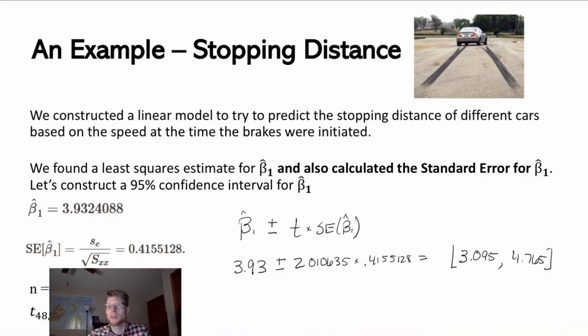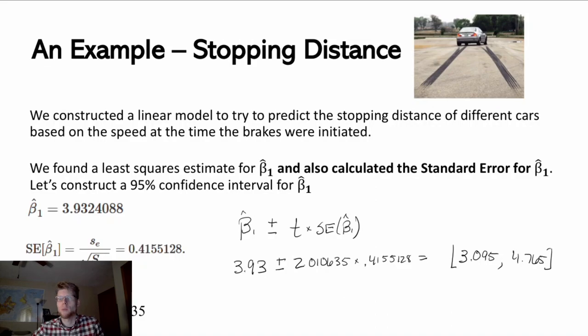Because I centered it around 3.93. And this distance, by the way, 3.93 minus 3.095, would be my margin of error. So the distance from the sample statistic to one end of my interval is called the margin of error. So then my interval itself should be 2 margins of error wide. And so I'm 95% confident that the true slope value in this case, so beta 1, should be between these two values.